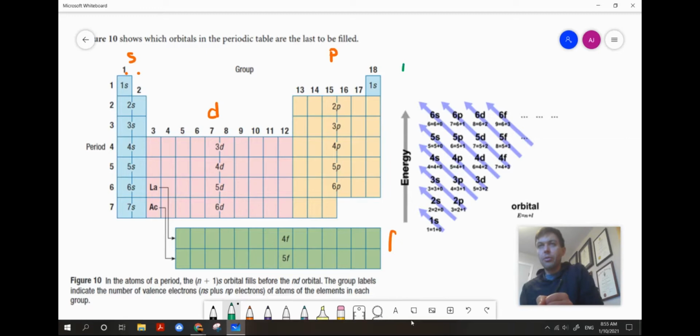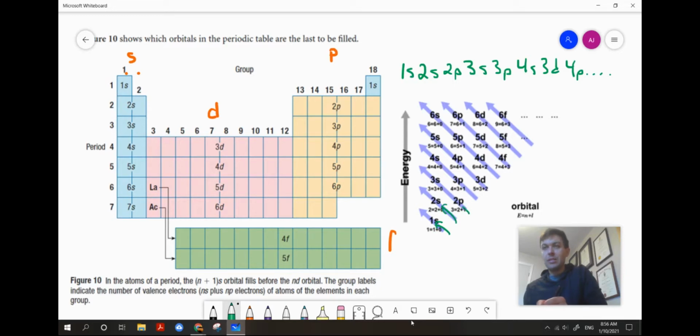Recall the order for electron filling: the 1s, 2s, 2p, 3s, 3p, 4s, 3d, 4p, and so on. And we see that right here. I'm following the arrows: 1s, 2s, 2p, 3s, 3p, 4s, 3d, and so on.